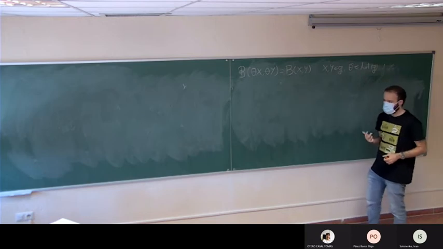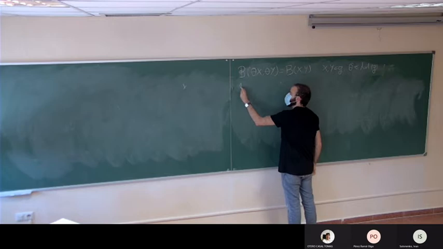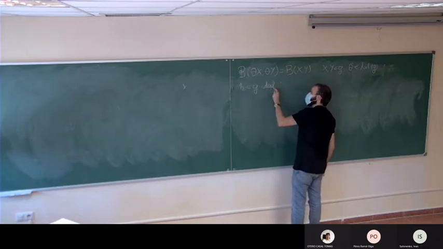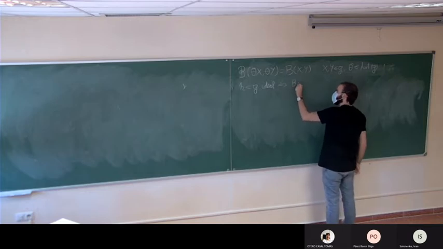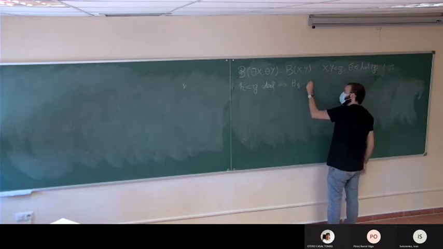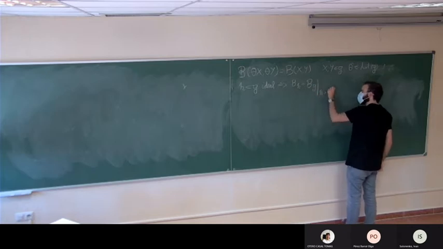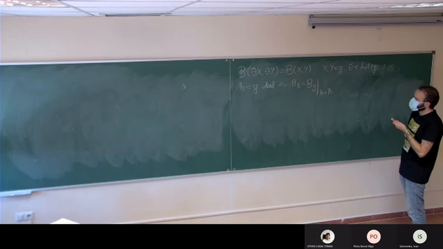But what is true is that if H is an ideal of G, then the Killing form of H is equal to the Killing form of G restricted to H.